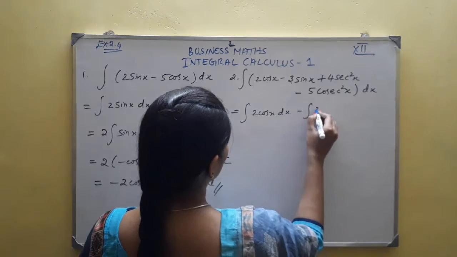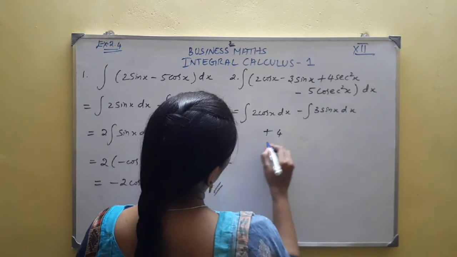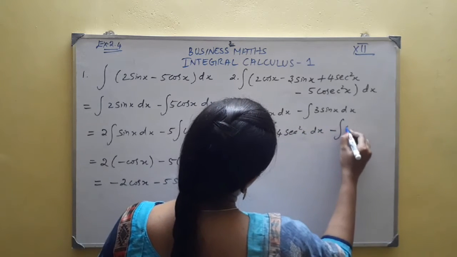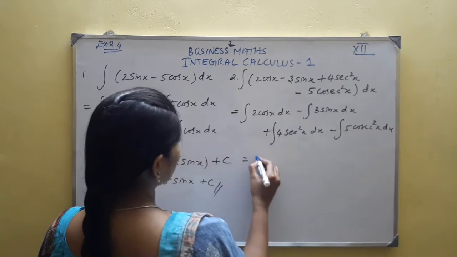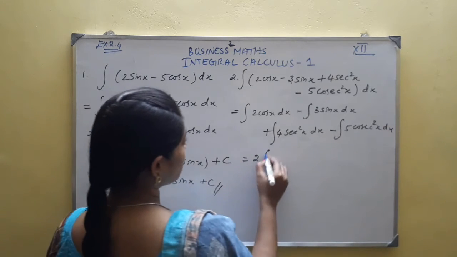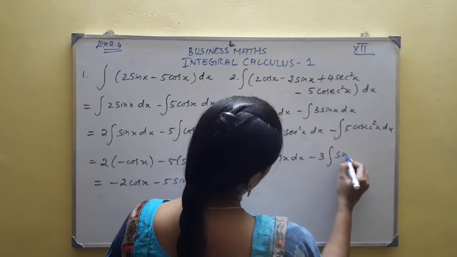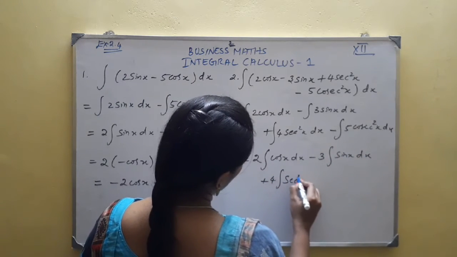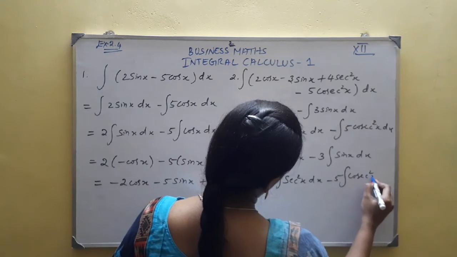Integral 2 cos x dx minus integral 3 sin x dx plus integral 4 secant square x dx minus integral 5 cosecant square x dx. Now take the constants outside the integral sign: 2 integral cos x dx minus 3 integral sin x dx plus 4 integral secant square x dx minus 5 integral cosecant square x dx.